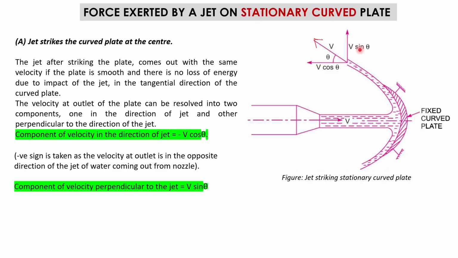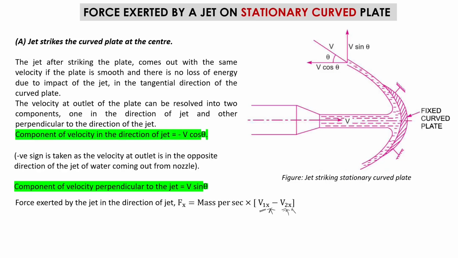Over here you can see it. And we also know how to resolve these components of velocity. The force exerted by the jet in the direction of the jet, we can calculate like this: Fx equals mass per second into (v1x minus v2x). By v1x I mean the initial velocity in the x direction and v2x is the final velocity in the x direction.